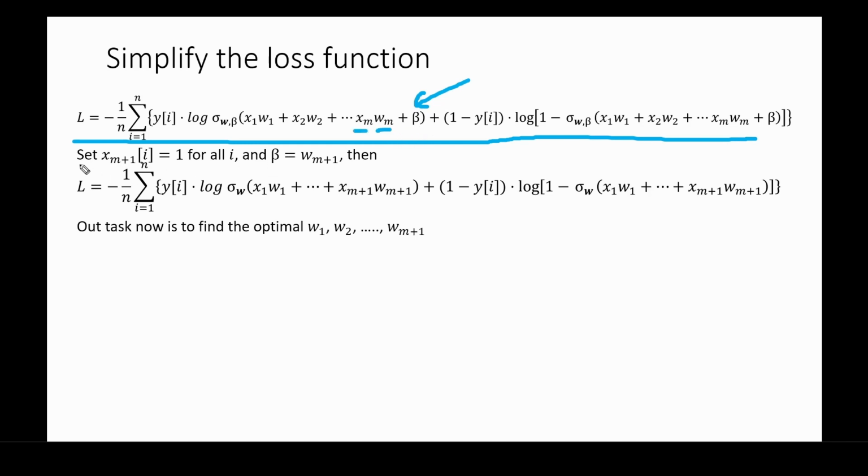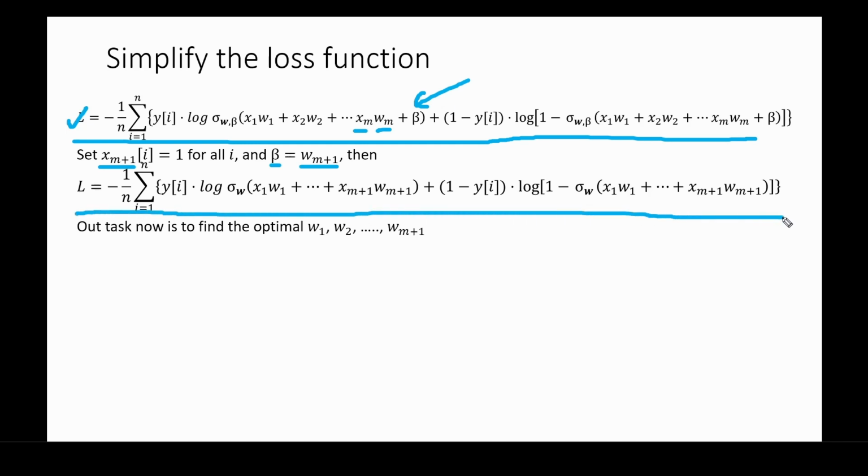We can do that by creating a new input feature x with subscript n plus 1 equal to 1 for all i, and set beta equal to w n plus 1. If we do that, then the above expression can be written as this below expression, where now every term inside the sigmoid function is equal to x times w. That will simplify the derivation later.